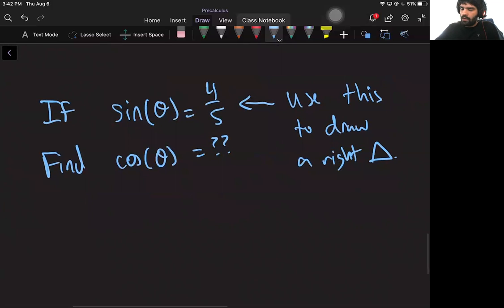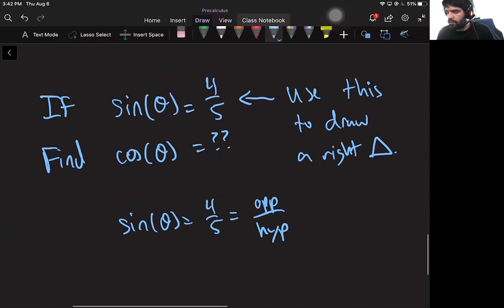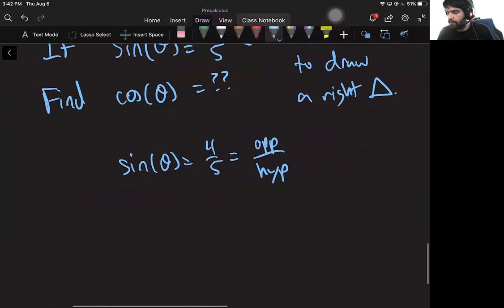So what we know is that sine of theta is 4/5, but we also know that that is the same as the ratio of the opposite side to the hypotenuse side on a triangle, as long as you draw the angle appropriately.